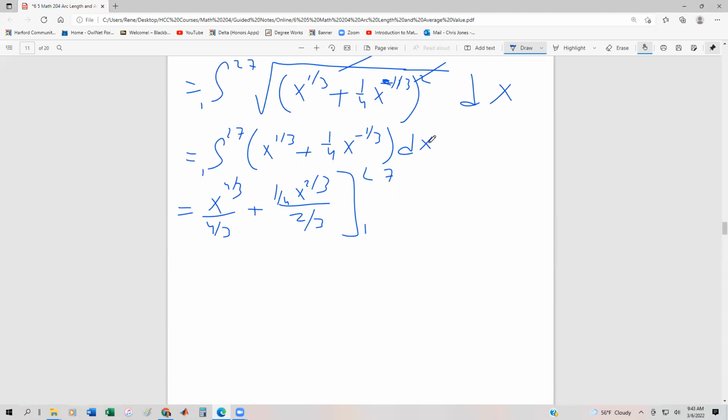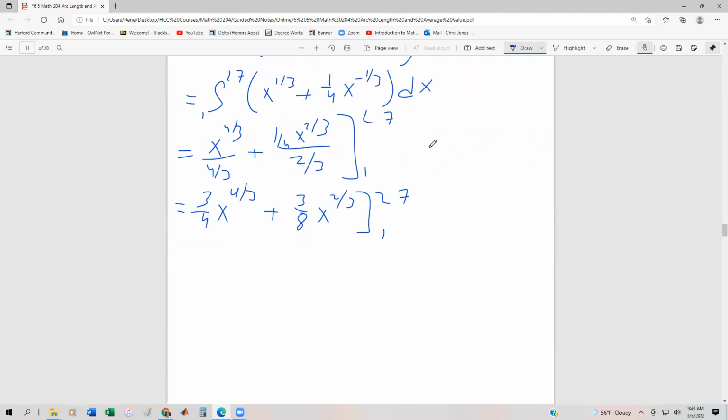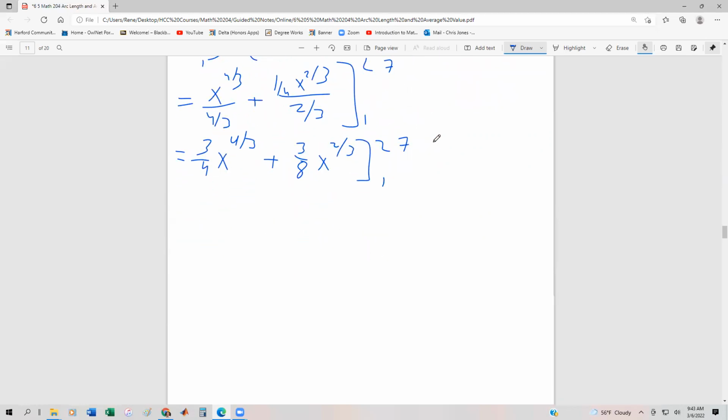Now cleaning this up just a little bit, this is going to be 3/4 x to the 4/3 plus 3/8 x to the 2/3, from 1 to 27. And now we're going to substitute 27, substitute 1.